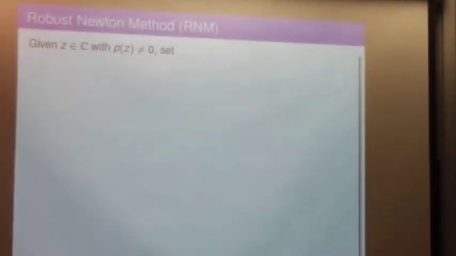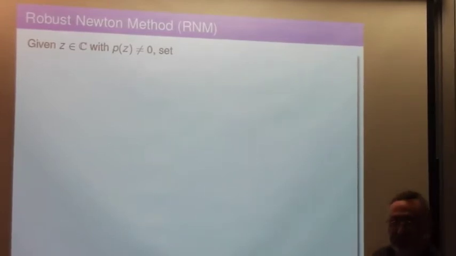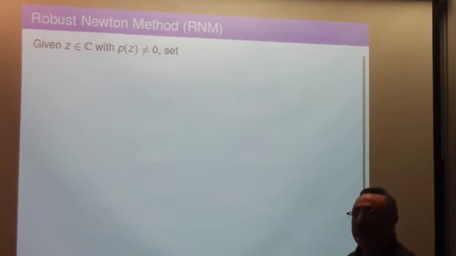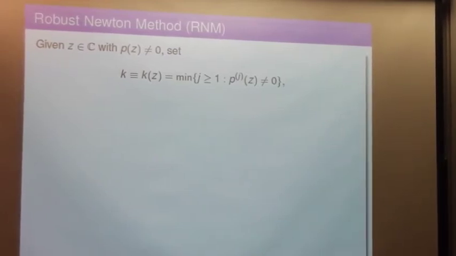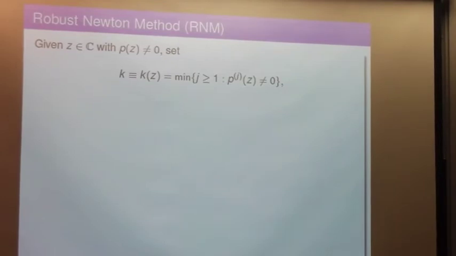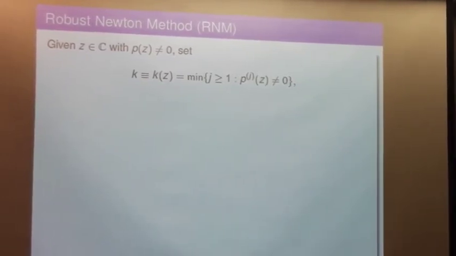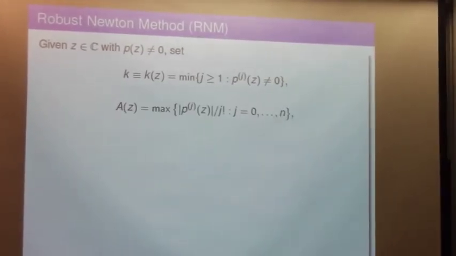Now, what is the robust Newton method? I told you it has this property that for any z0 it converges to a root or converges to a critical point. So it's more elaborate to define it. Take any z where p is not 0. Let k be the minimum j such that the j-th derivative is not 0 and j is bigger than or equal to 1.